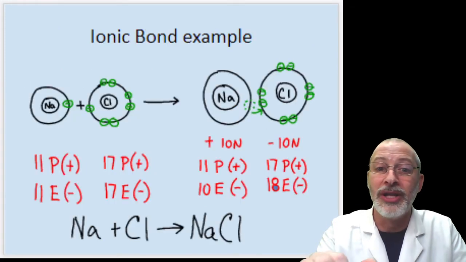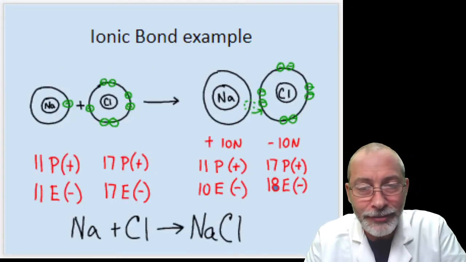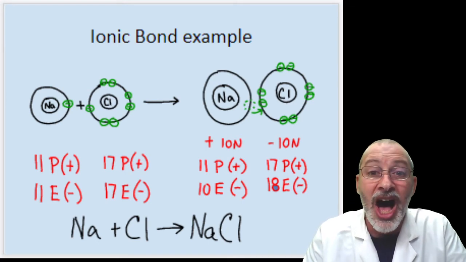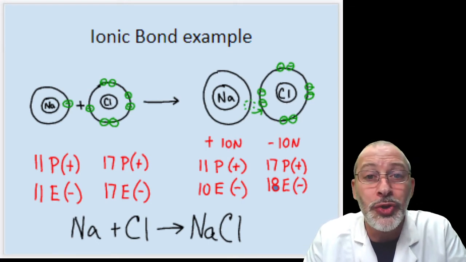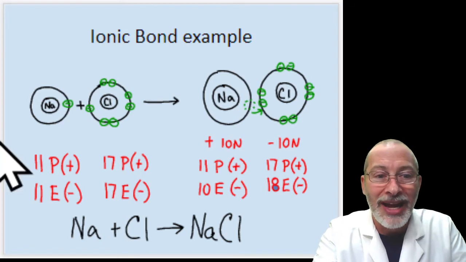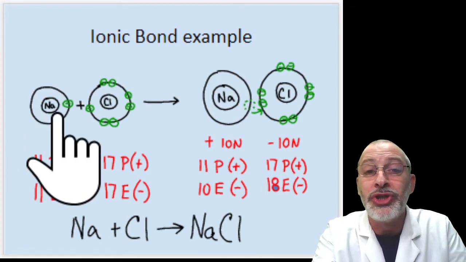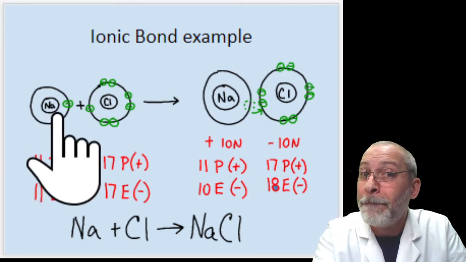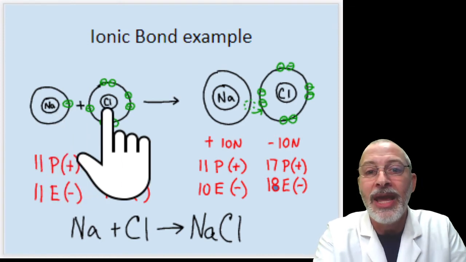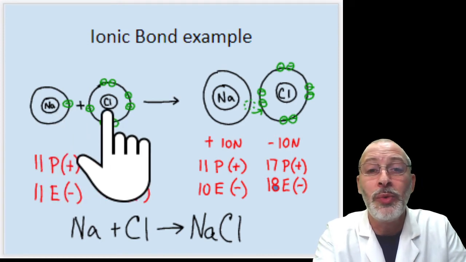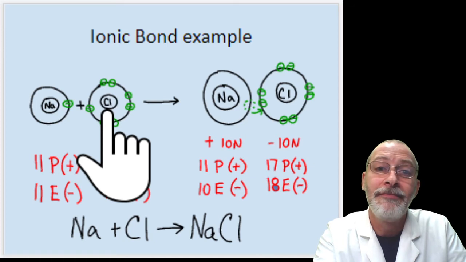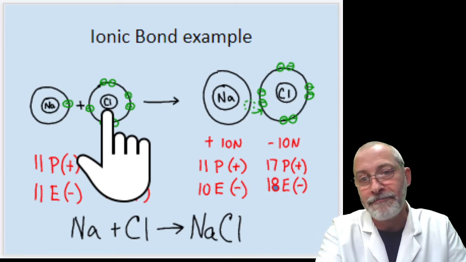Let me give you a real life example here. In this example of an ionic bond, we've got 2 elements. We've got Na, which is the symbol for sodium, and we've got Cl, which symbolizes chlorine.